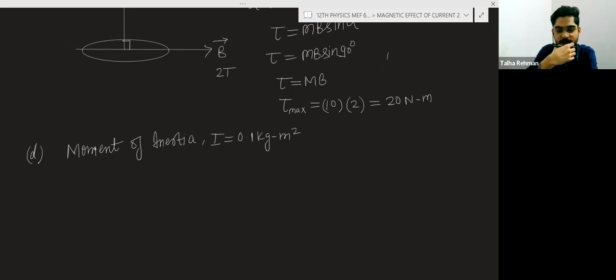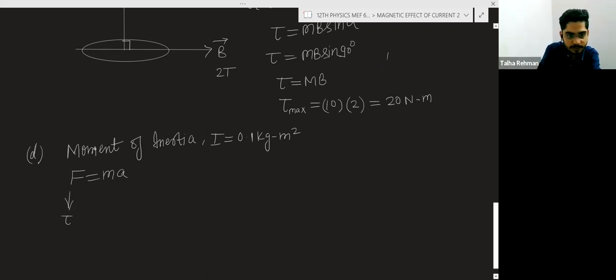So for this, what we have to do, we know that there are two types of motion, linear motion and rotational motion. This time the coil is rotating like this. So this is the case of the rotational motion. Like in the linear motion, we have force is equal to mass into acceleration. In the rotational motion, instead of force, there is torque.